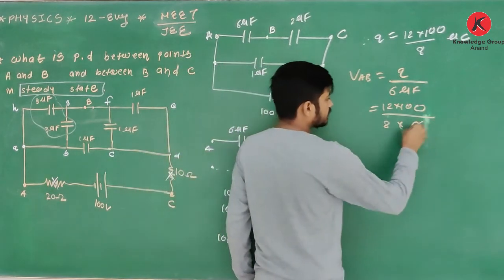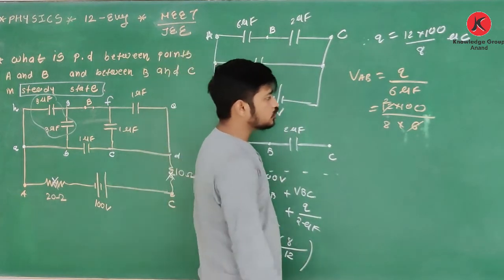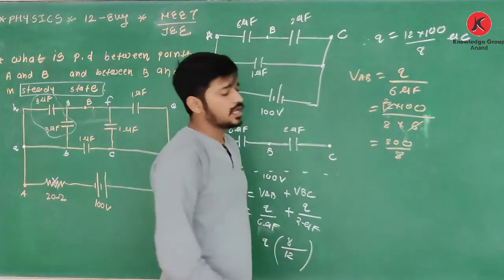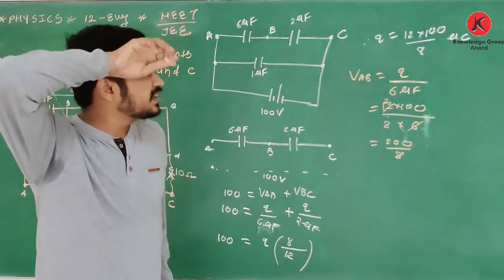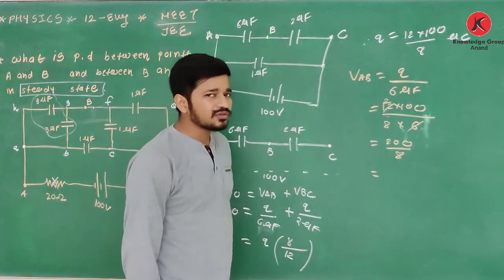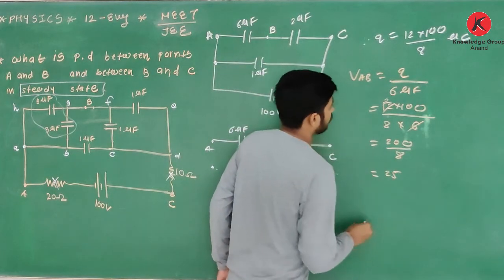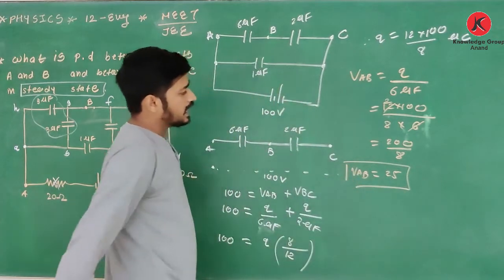So it is 6 into 2 which means it is 200, and 200 divided by 8 means 100 divided by 4, it is 25. So VAB is equal to 25.